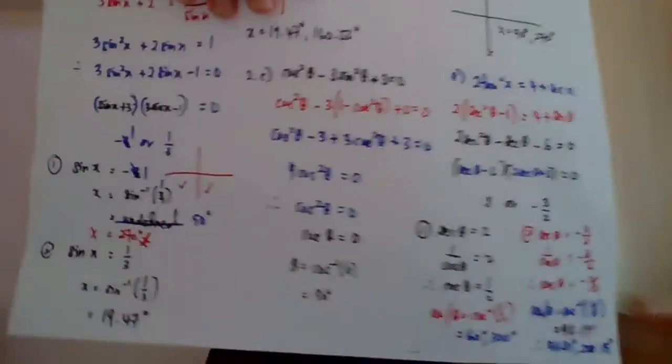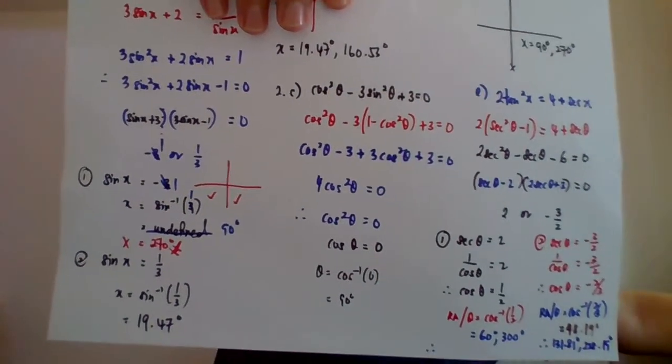Okay, so guys, that is the final answer for question number berapa ni? Number 2E. Okay, settle number 2E.